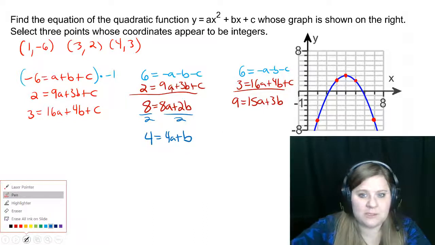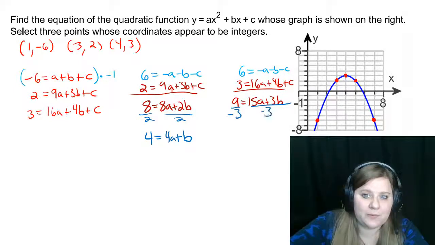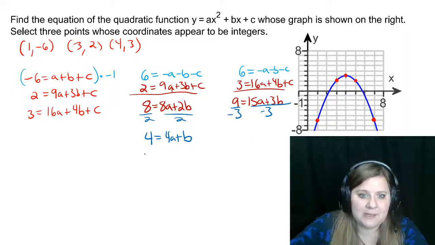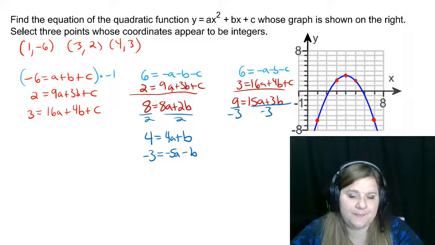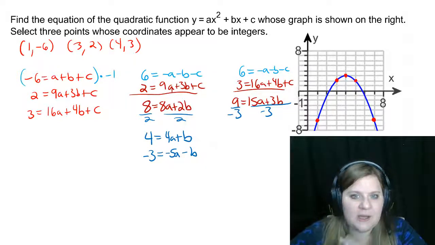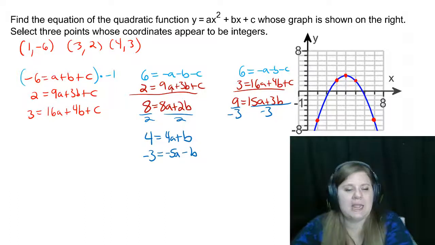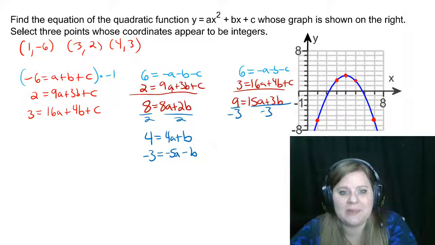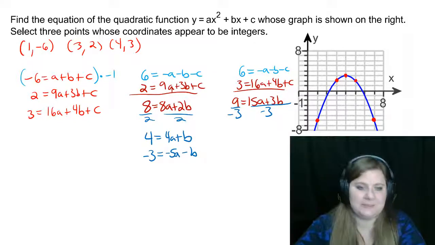Now, I'm also going to divide this other equation, but this one I'm going to divide by negative 3. That gives me negative 3 equals negative 5a minus b. So you can see that I divided through by the greatest common factor for each. And for the second equation, I divided through by a negative, simply so my b's would now be opposite signs.